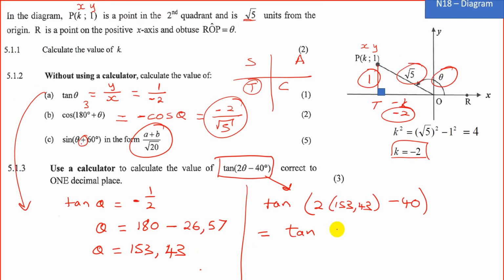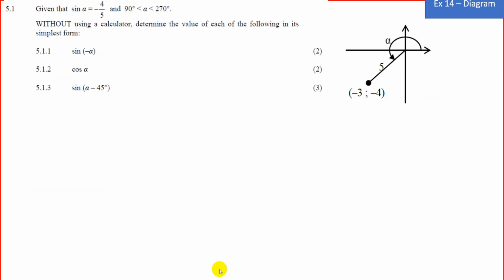Sorry, my PowerPoint skipped, that will give us 266.87. And then you're going to take your calculator and find the tan of 266.87. Using your calculator, you should get 18.3. And that is our answer for that.